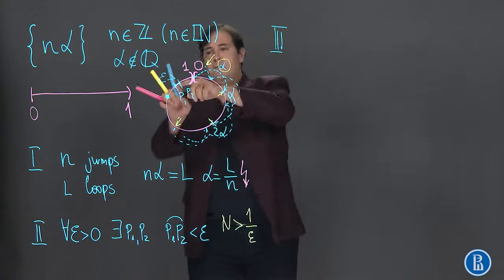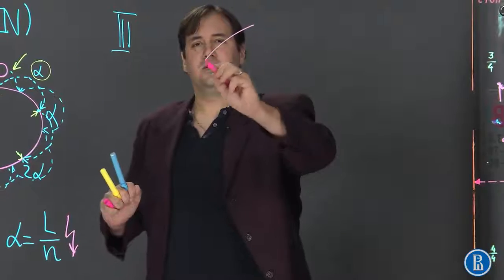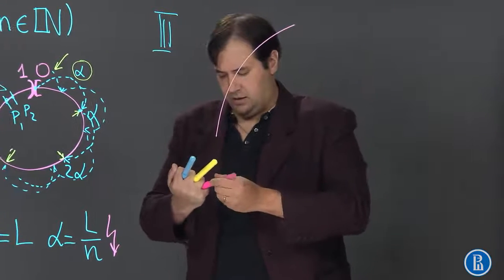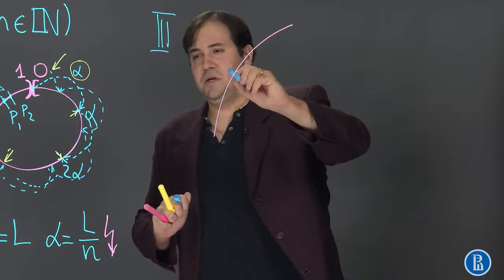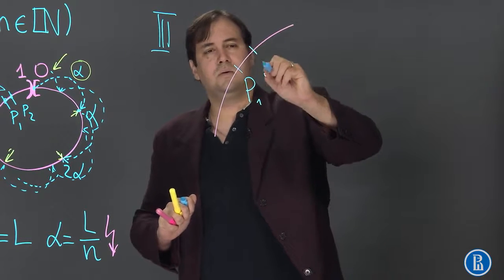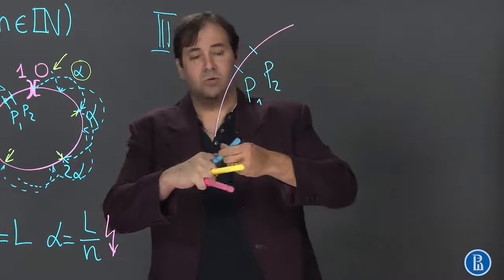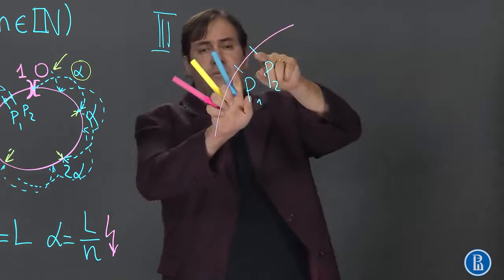So from point P1 to point P2, let me show this on another picture. So point P1 and point P2, and it takes the grasshopper k steps to move from P1 to P2.